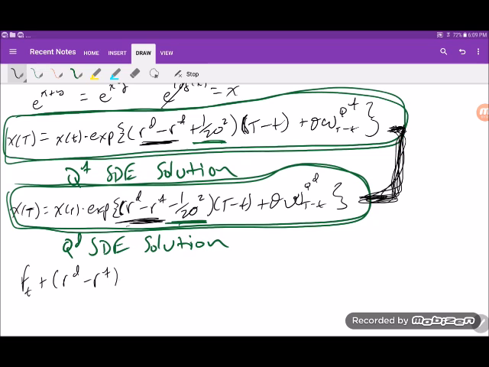RF. And of course with the terminal condition that at maturity it's equal to our payoff function.